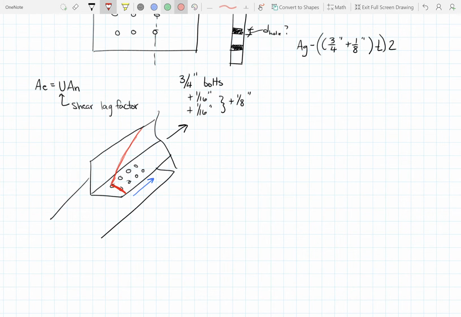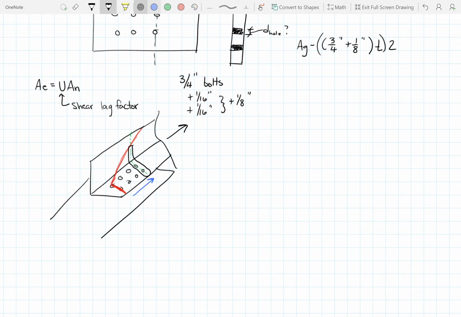So more and more of the cross-section starts becoming effective. So at this line of bolts right here, you're actually only going to have about this much of your cross-section resisting your tensile force.